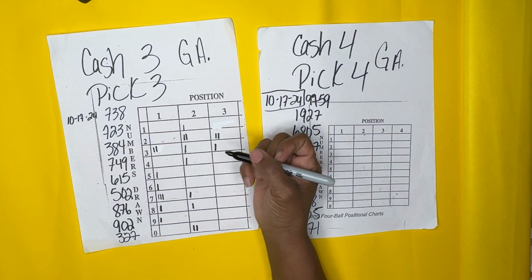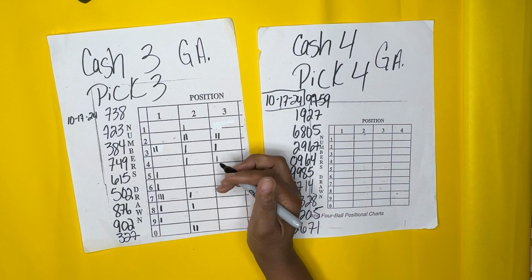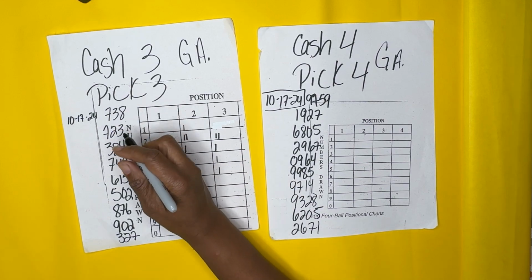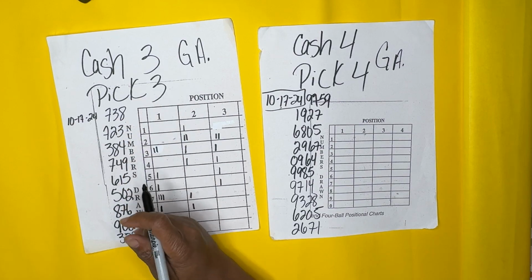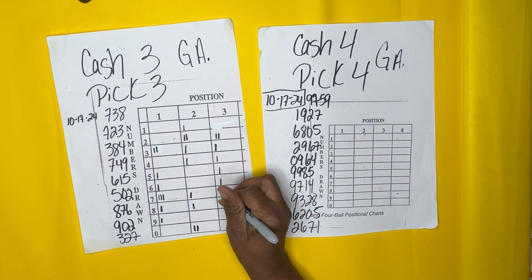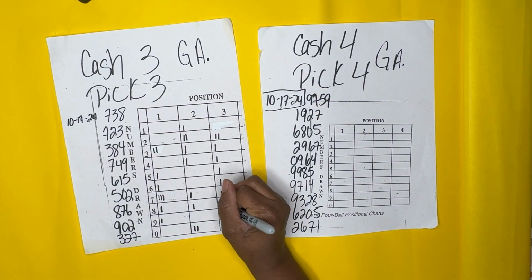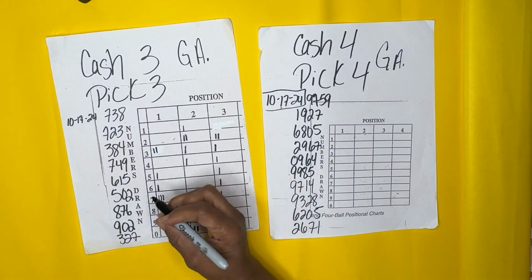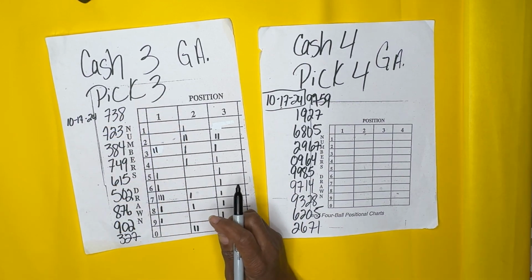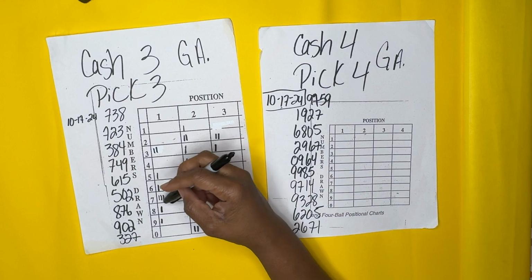You have 1. 5s, 1. 6, 1. 7s, 1. 8, 1. 9, 1. 0, none. So you pick out numbers like this to see, and you can count how many has fallen.